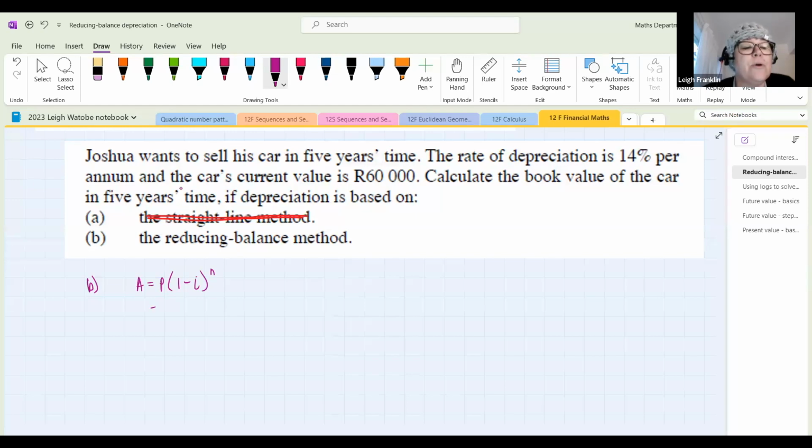If they ask us to calculate the book value of the car, they are telling us we need to calculate A. That means the car's current value, the 60,000, is P. So we would sub that in. The interest rate is 14%, and this is in 5 years' time. And we would pop that into our calculator. You guys can do it as well, and you can tell me what you get as an answer.